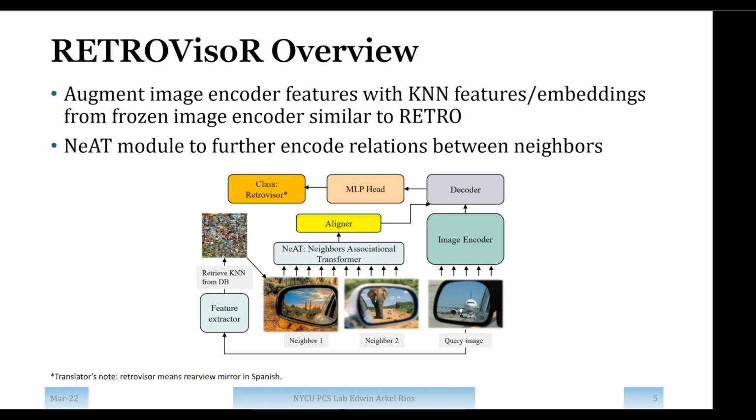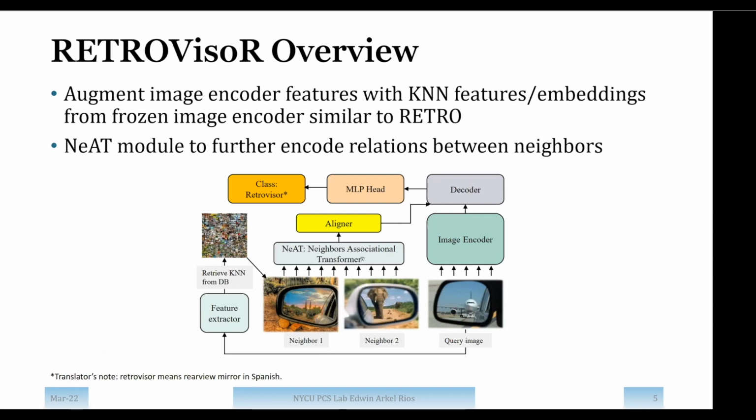So what we do is, by retrieving from similar features, we pass our query image through a feature extractor, which can be anything, a CNN or a ViT or any kind of image recognition architecture, and we retrieve neighbors. We can retrieve something like this and this, which are other images of rear view mirrors but in different situations.